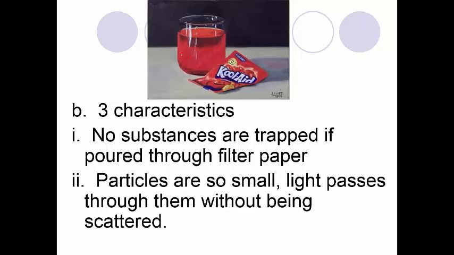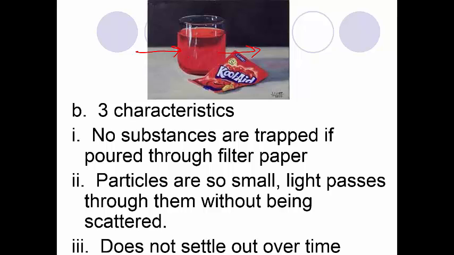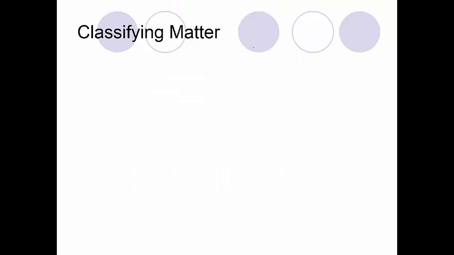If you were to shine a flashlight in on one side, the particles are small enough that it allows the light to pass right through. So it shouldn't reflect the light or cause it to look foggy or anything. And then the third characteristic is that it doesn't settle over time. So you could leave that Kool-Aid sitting out for a few hours and it shouldn't separate into Kool-Aid and sugar and water. It should look like it still does there in the picture.